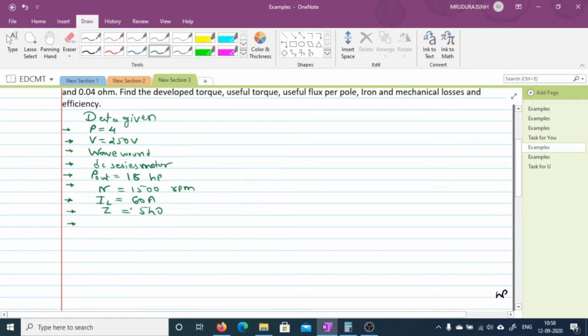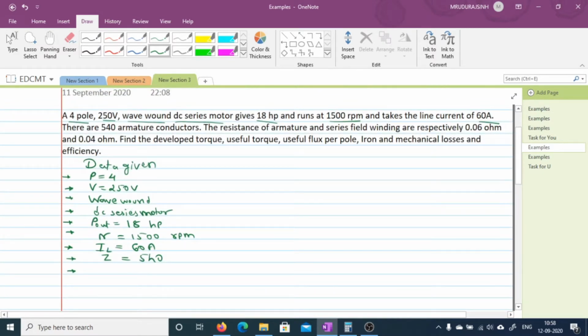So the armature resistance is 0.6 ohm and the series field winding resistance is 0.4 ohm.